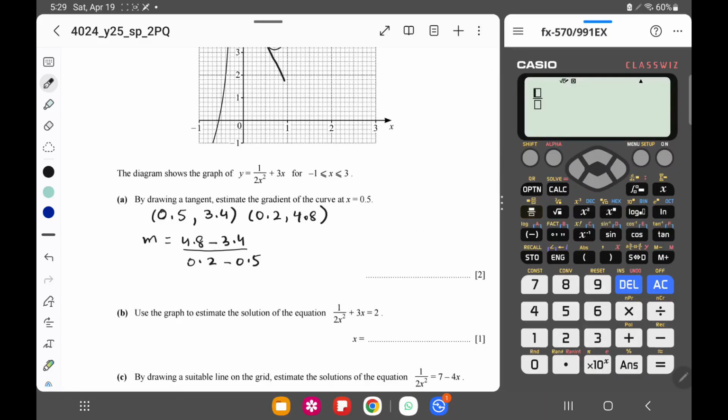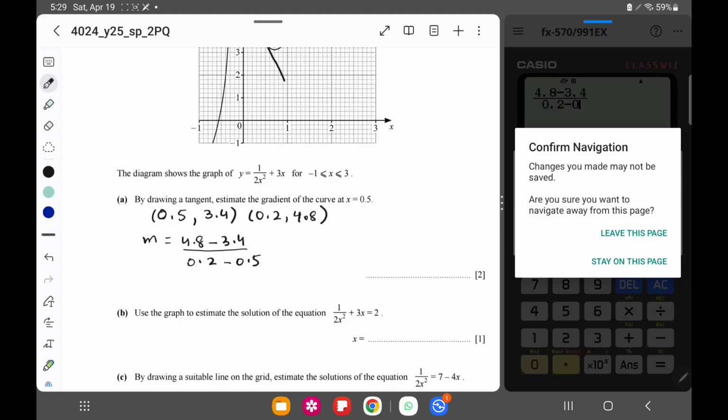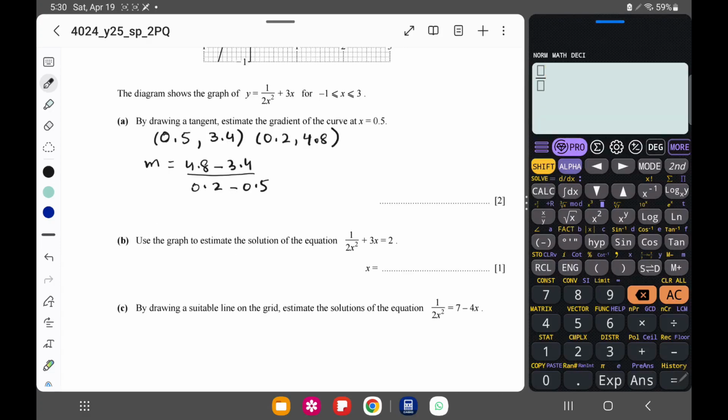And now calculate, which is 4.8 minus 3.4, and the line is towards this side, so the gradient will be negative, remember. So 0.2 minus 0.5, minus 3.4.